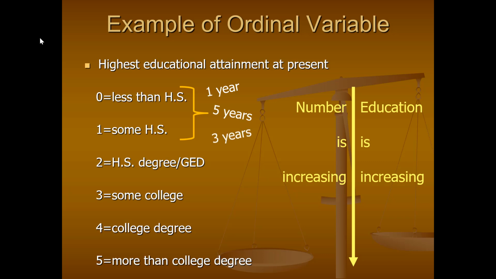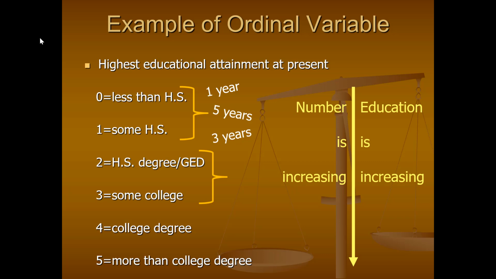Less than high school could be a second grade education, right? Or it could be a 10th grade education. So going from a 0 to 1, even though I've only gone up, quote, 1 point, that 1 point represents potentially different years.